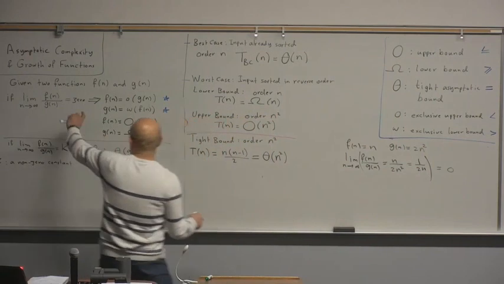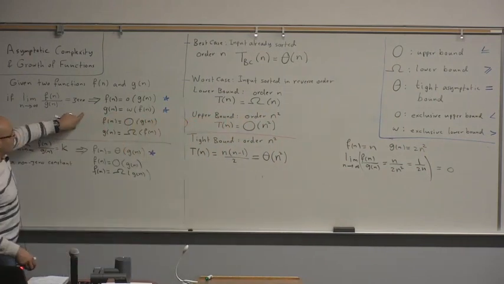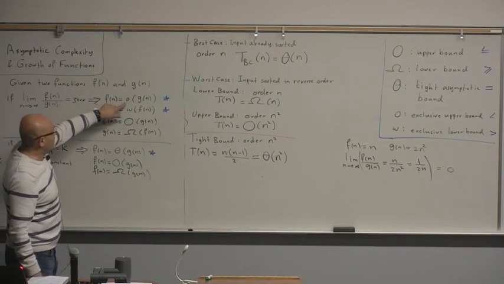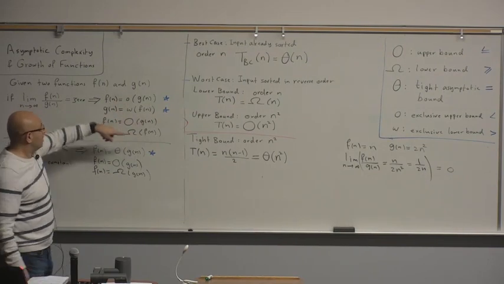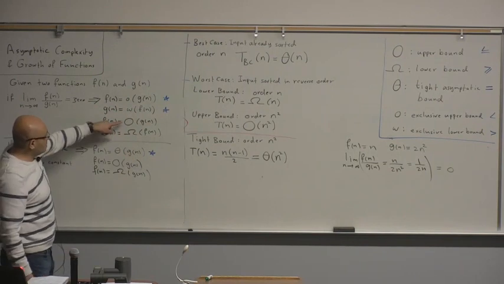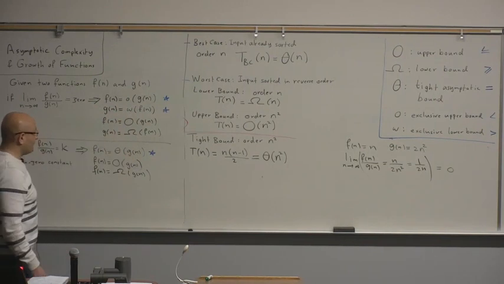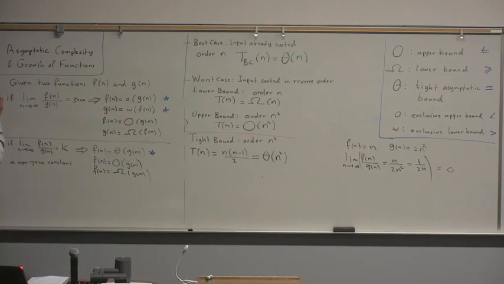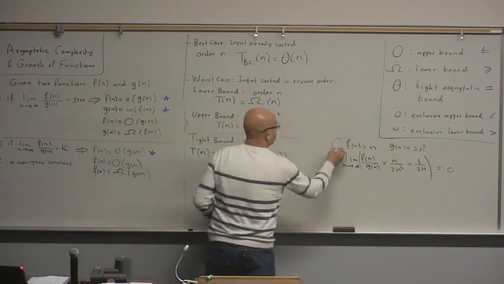So this is an example of this case. In this case, all of these apply. So you can say that f is small o of g, or g is small omega of f, or you can use the big O and the big omega. So this is case 1, this is case 2.